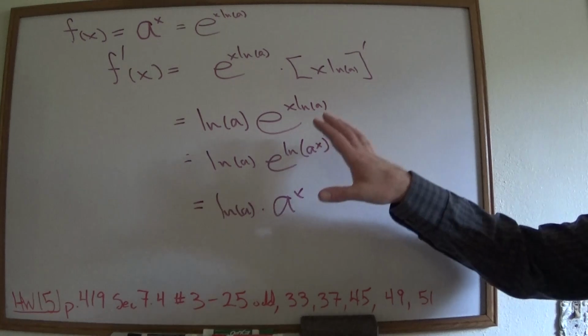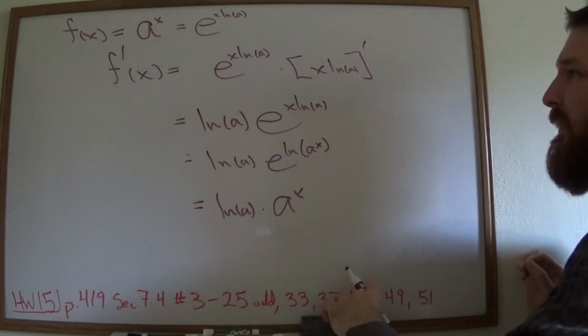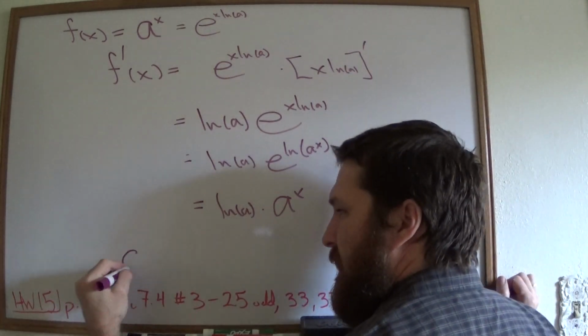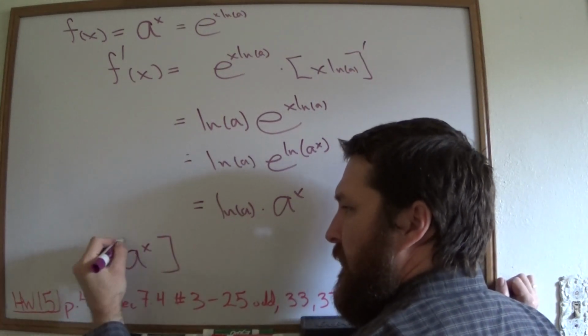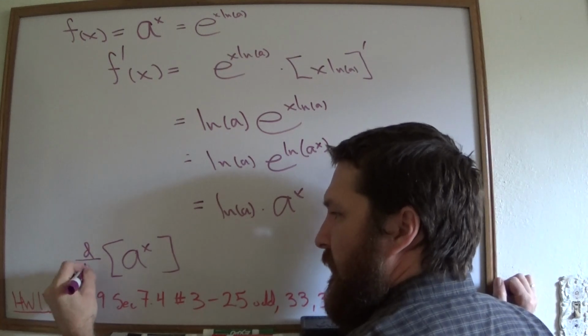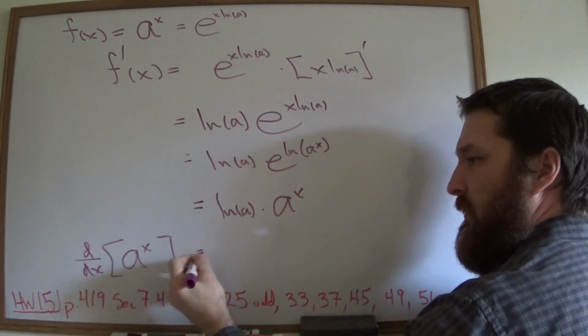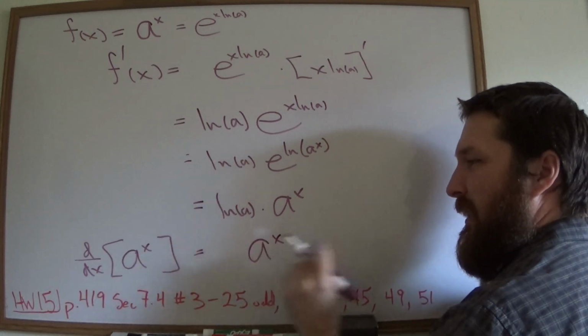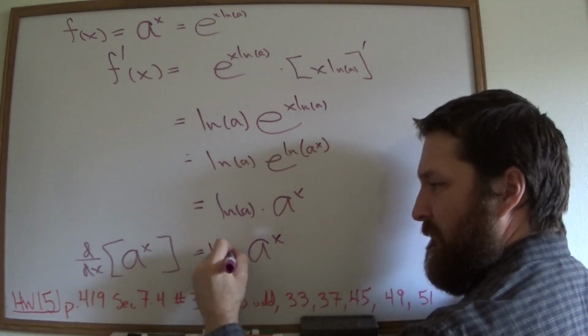And so we could simplify this and really cut to the chase and say the derivative of a to the x is, you could kind of think about it as, well, this stays put and a log a pops out.